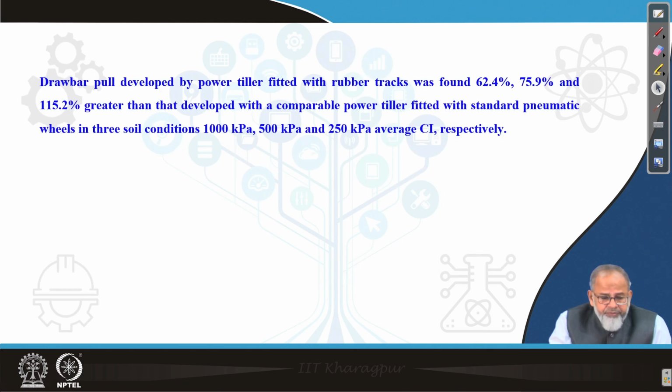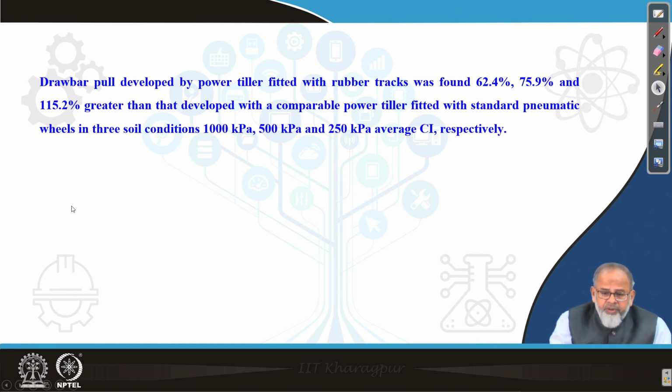So in brief, the drawbar pull which is developed by the power tiller when it is fitted with the rubber tracks was 62.4%, 75.9% and 115.2% greater than that pull which is developed by the power tiller when fitted with standard pneumatic wheels in three soil conditions.